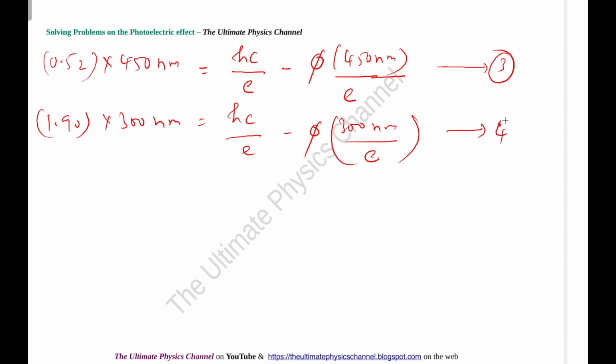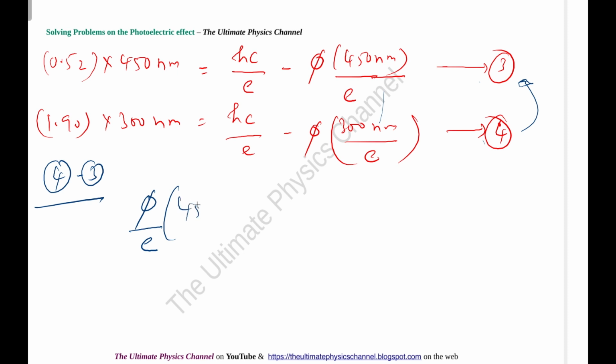This, let's call that equation 4. Now if we subtract 3 from 4, that is 4 minus 3, if we do, we get 5 over E, that is these two terms. 450 minus 300 nanometer units in both cases is equal to, on the other side, these two terms get cancelled when we do subtraction.